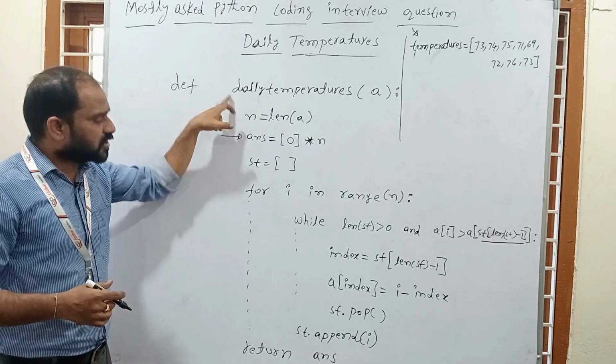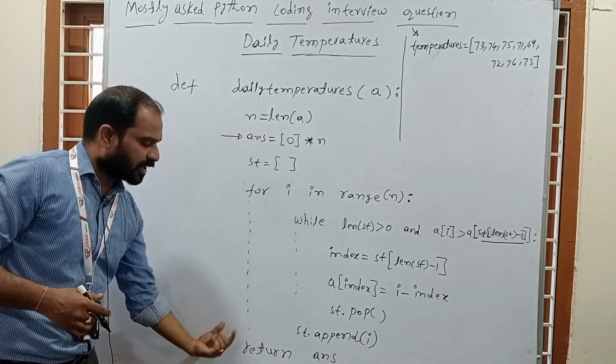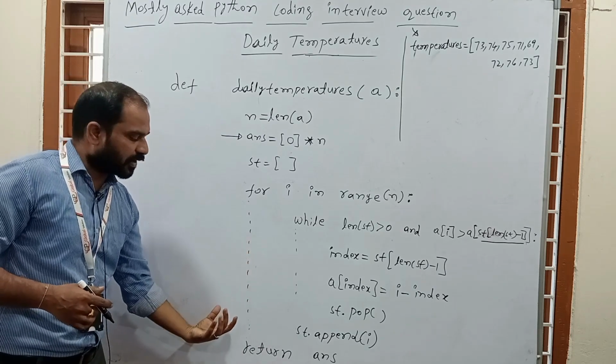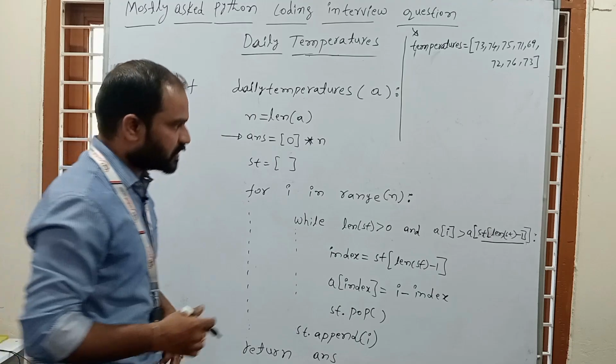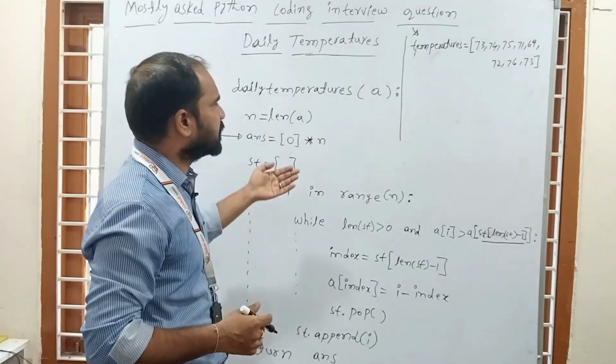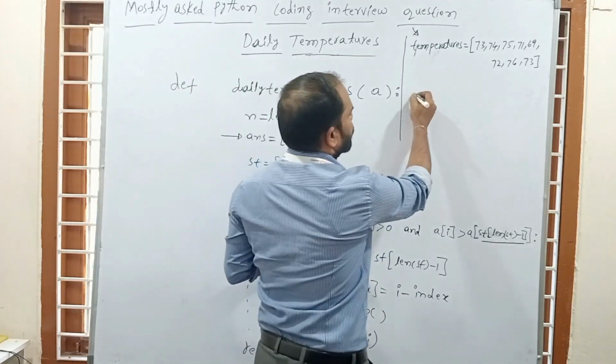But this function is returning you the answer, right? So whenever any function has a return value, to print that particular return value, you need to call this function from the print function. From the print function, we need to call this user-defined function. Okay. Now how to call this?